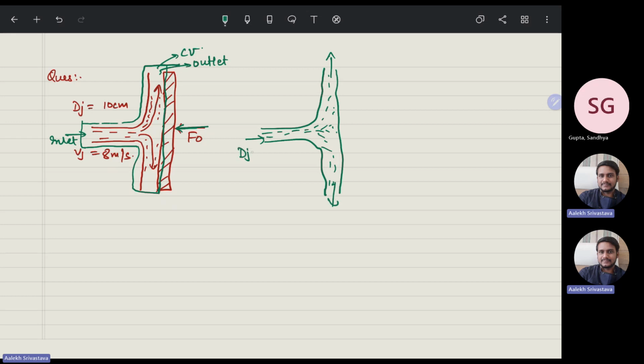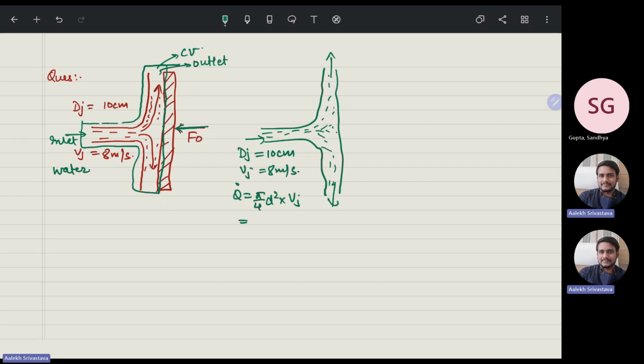Now the diameter of the jet is 10 centimeter and Vj is equal to 8 meter per second. What is the mass flow rate that is coming in? Since this is water, I should first find the volume flow rate. Volume flow rate is equal to pi by 4 d square into Vj.